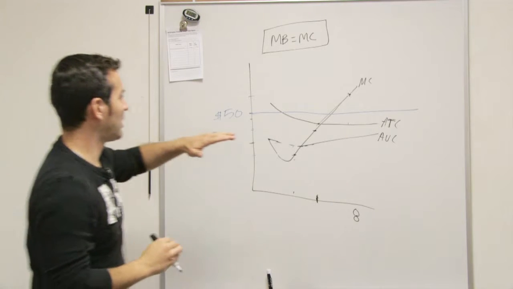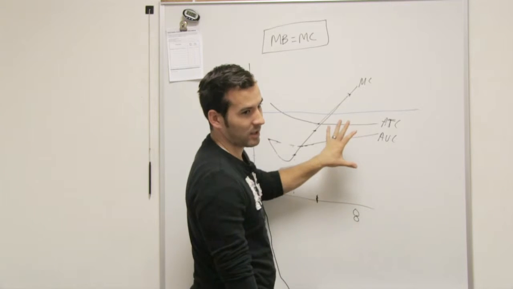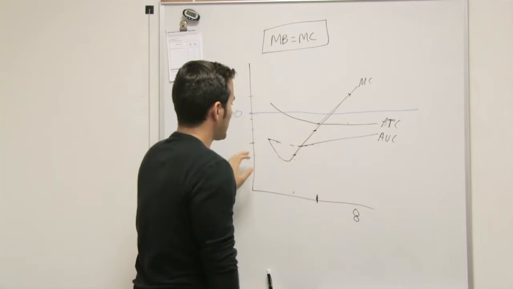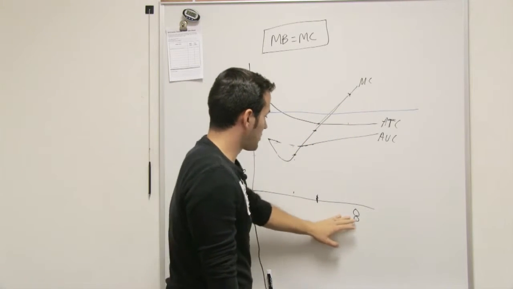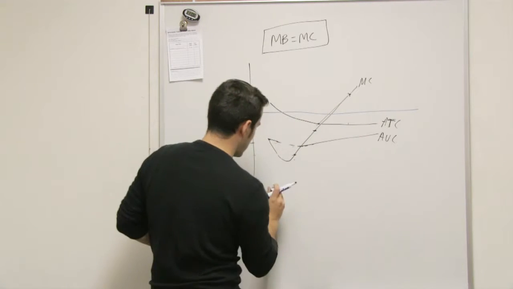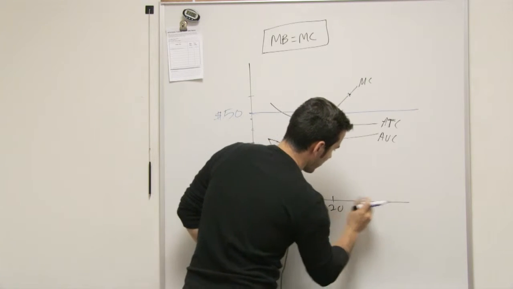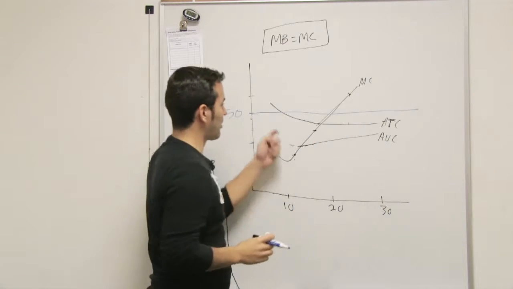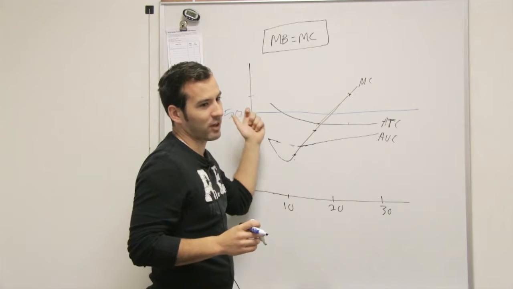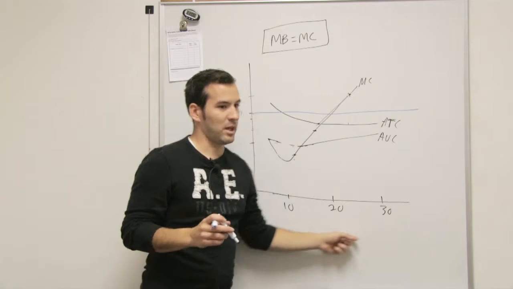This is just one company, an individual company, and we're saying that no matter how much I produce, whether I produce 10 or 20 or 30, I'm always going to get $50 for each one. Doesn't matter how many I produce, right?